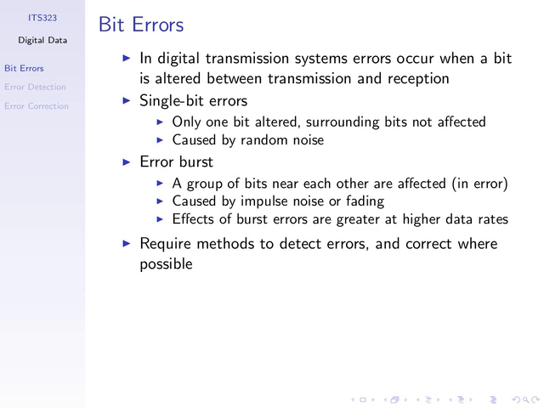It may be caused by some impulse or some spike due to an electrical fault, some problem with the wireless communications. The point is, if we have a burst of errors, then normally it's affected by the speed at which we're sending, the data rate.